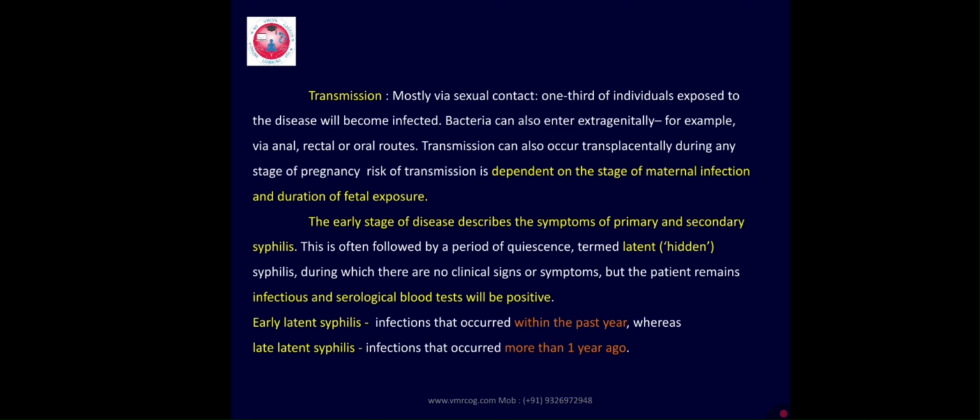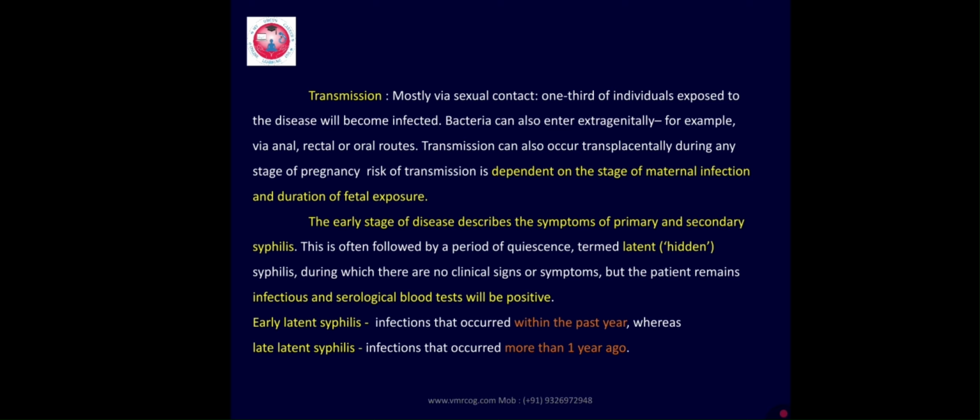Okay, so you have the early stage, the latent stage, and the late stage. The early stage includes primary and secondary syphilis. This is followed by the latent phase, latent disease, and then there is a late stage, the tertiary stage of the disease.